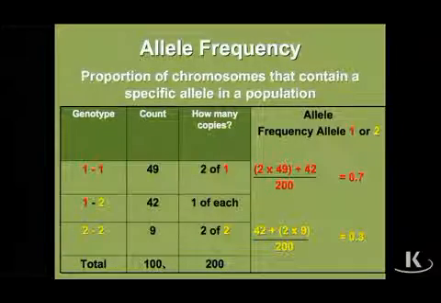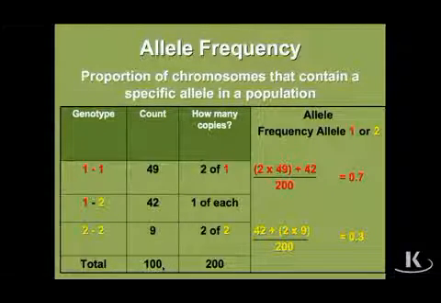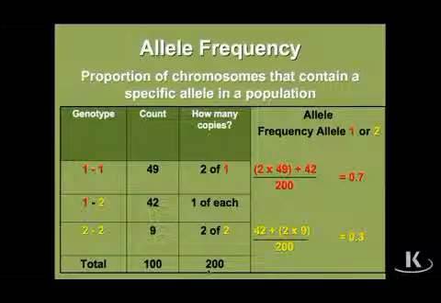Now, since we have pairs of chromosomes and each person has 2 copies of almost all the genes, in those 100 people there will be 200 total copies of this RFLP gene in question. And allele frequency will mean, of those 200 copies of the RFLP gene, what fraction are represented by allele 1, and what fraction are represented by allele 2.